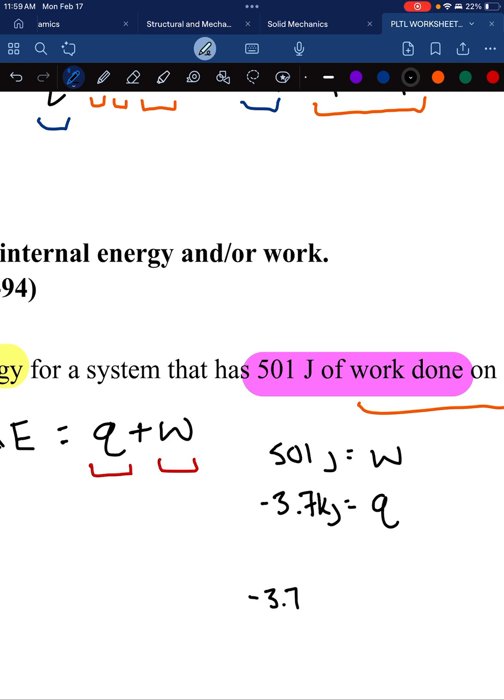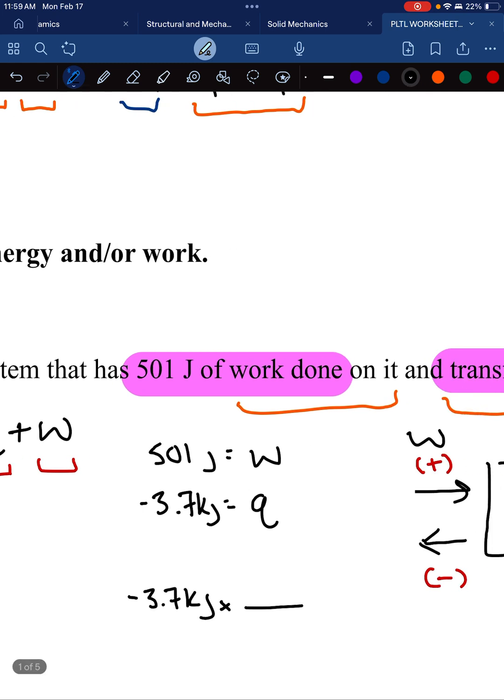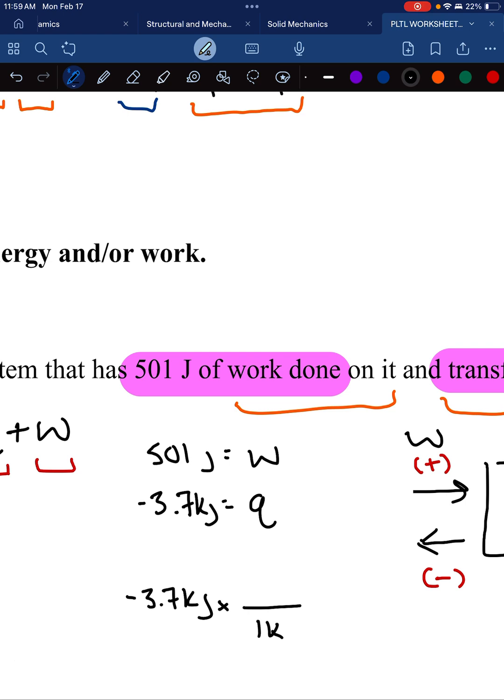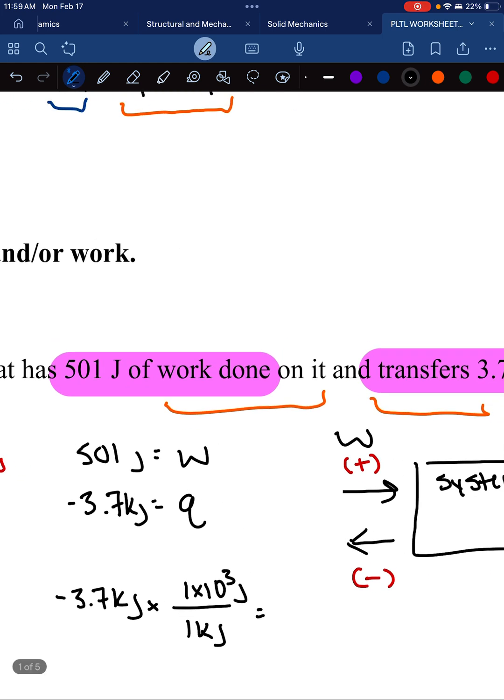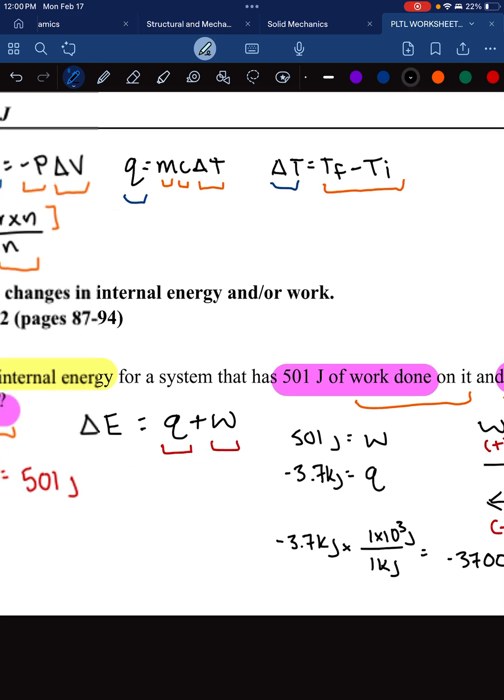So negative 3.7 kilojoules. For 1 kilojoule, you have 1 times 10 to the 3 joules. And in this one, you can kind of just do it with your head. You can see that it's negative 3,700 joules. Okay.